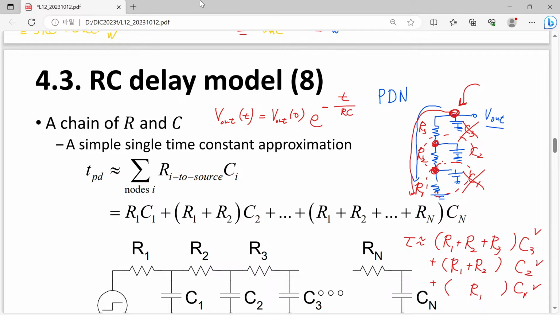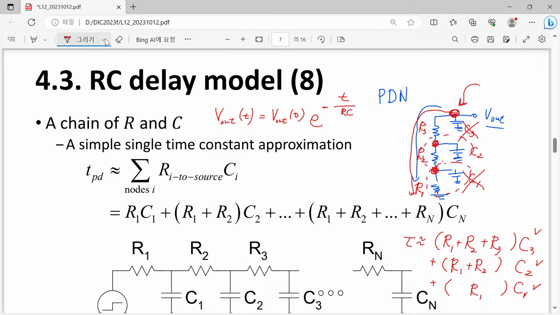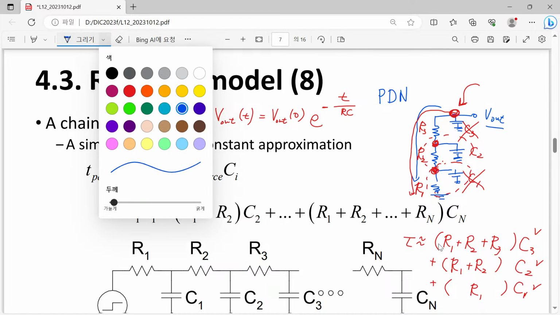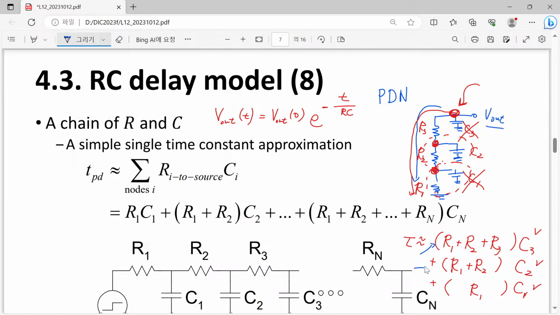In this approximation, we boldly state that just summing them all, 1, 2, 3, will give us a good approximation for discharging this C3.